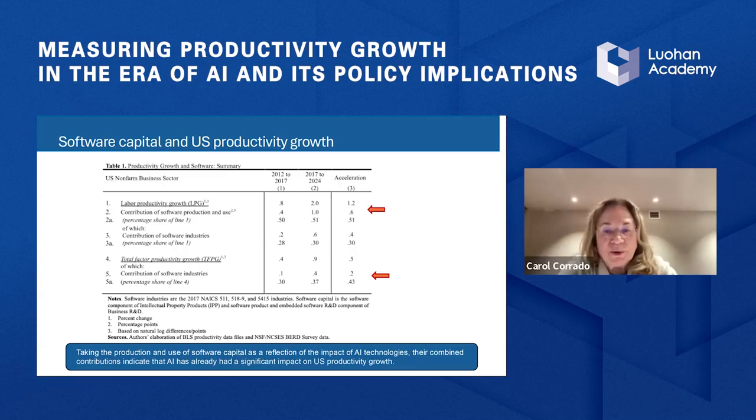So that's line 2, where we see that it really picked up, and accounts for half of the acceleration in labor productivity beginning in 2017. So you could stretch this and say we had some real breakthroughs in AI, in software production, and in software R&D.